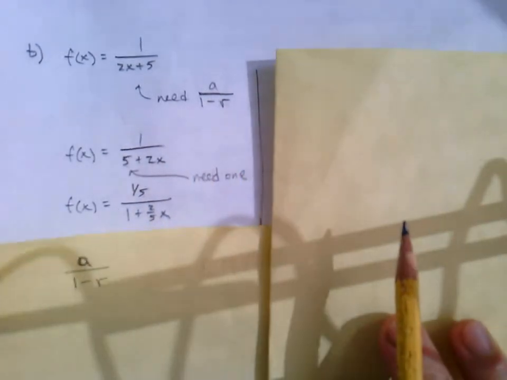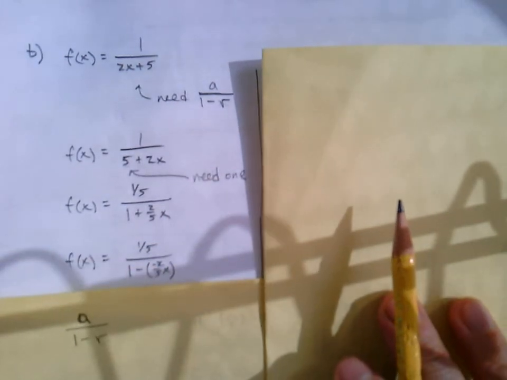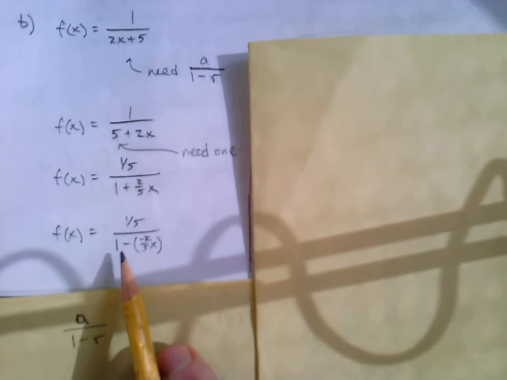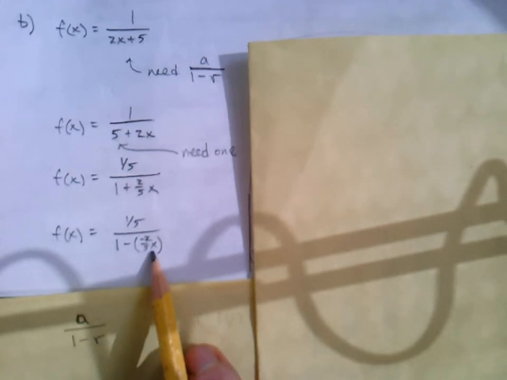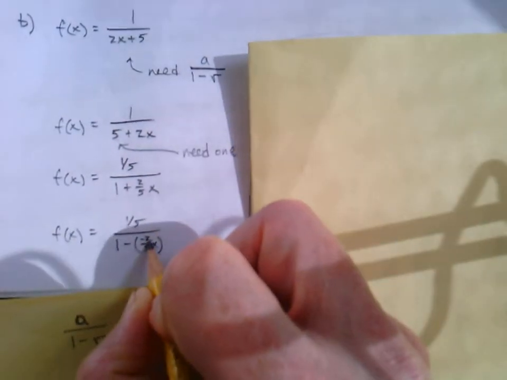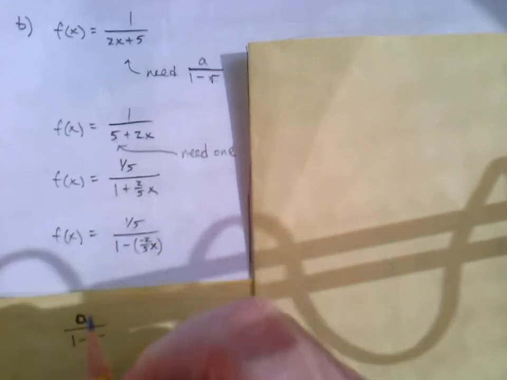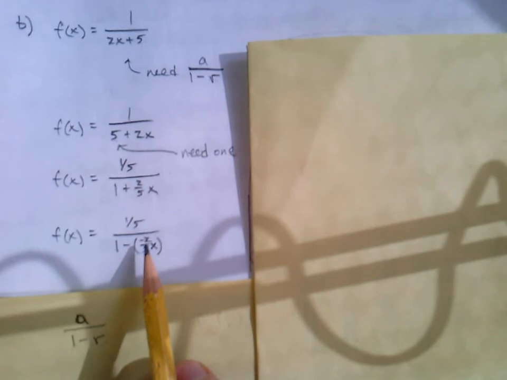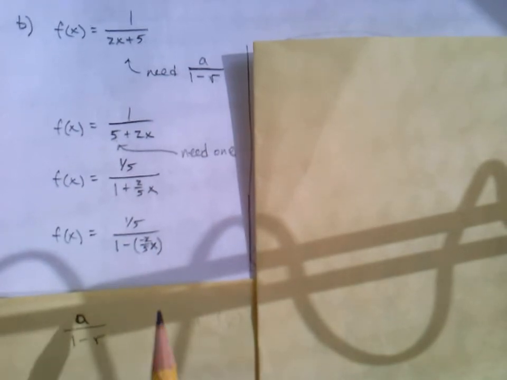Well, no problem. I'm just going to think of this as, sorry for this shadow, 1/5, and in the bottom, 1 minus negative 2/5 x. It's also written super tiny. Fractions within fractions tend to do that. 1 minus negative 2/5 x. Okay, now I can see the pieces. A, 1 minus r. Excellent.